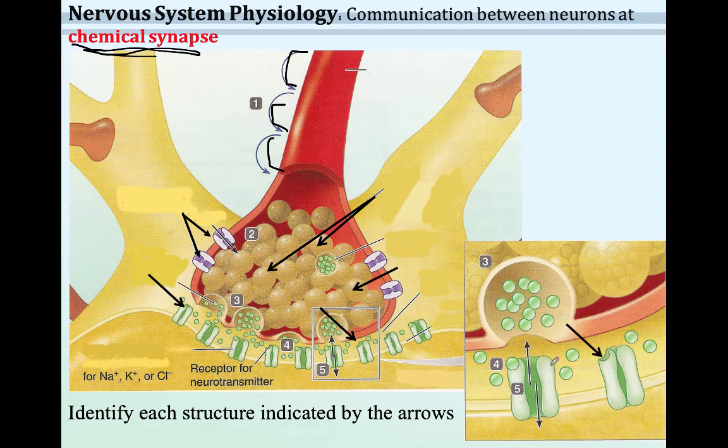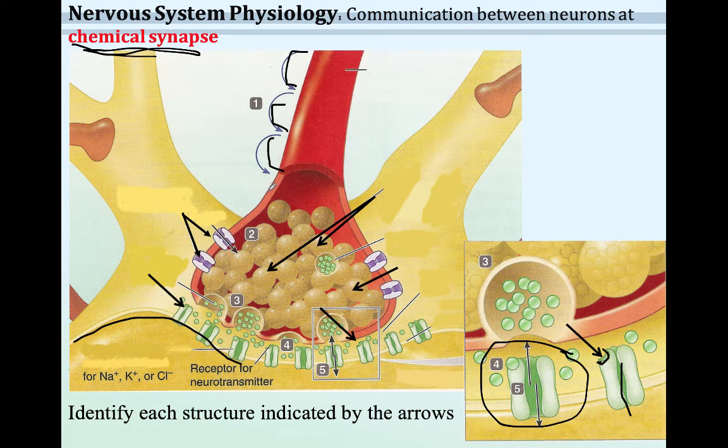Again, what we have here are ligand-gated ion channels, which are the receptor for the neurotransmitter and the channel all in one protein. Ligand-gated ion channels, and you can see that there are a lot of them, and they are found in the membrane of neuron number 2, which is on the other side of the synapse.